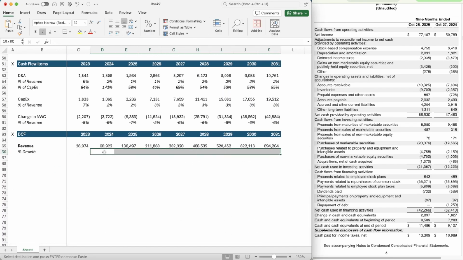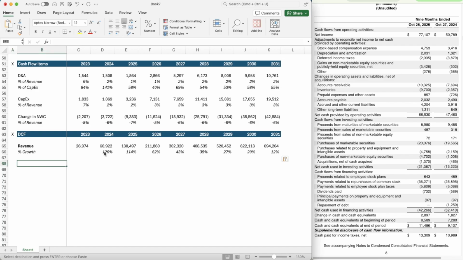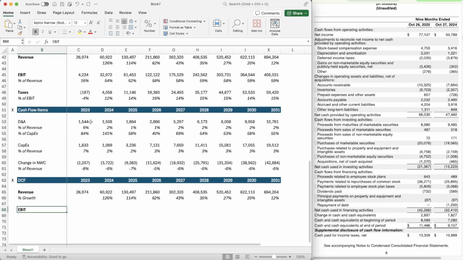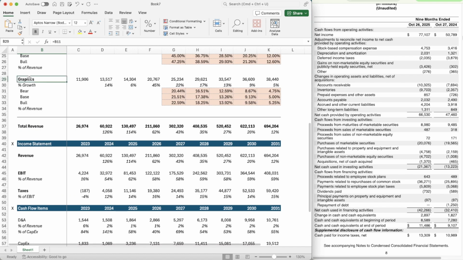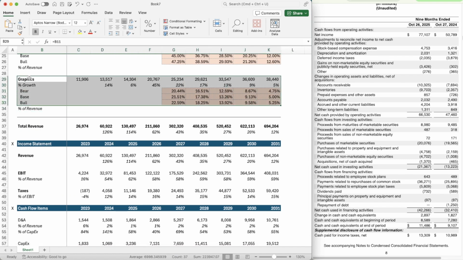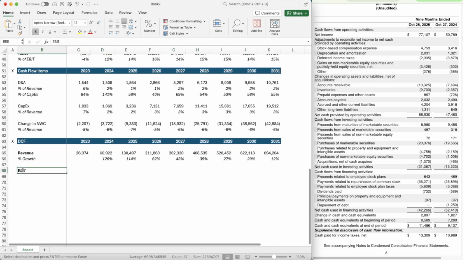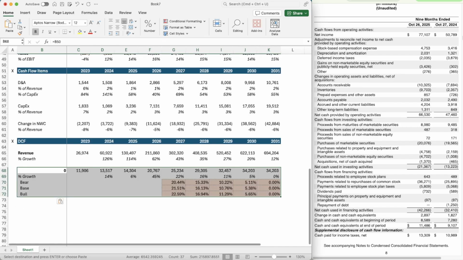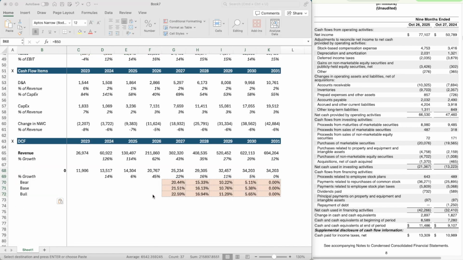Do the same with the revenue growth. Now we're going to forecast our EBIT using this. Piece this down. Yeah, so we just put this equal to default.